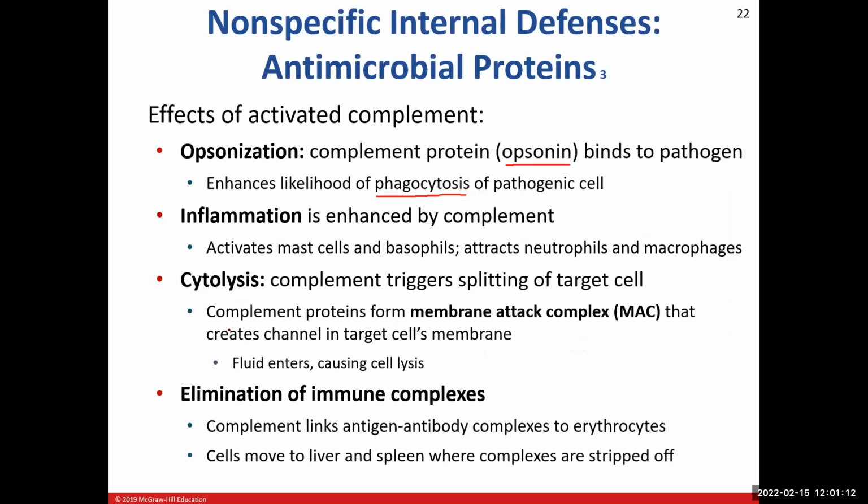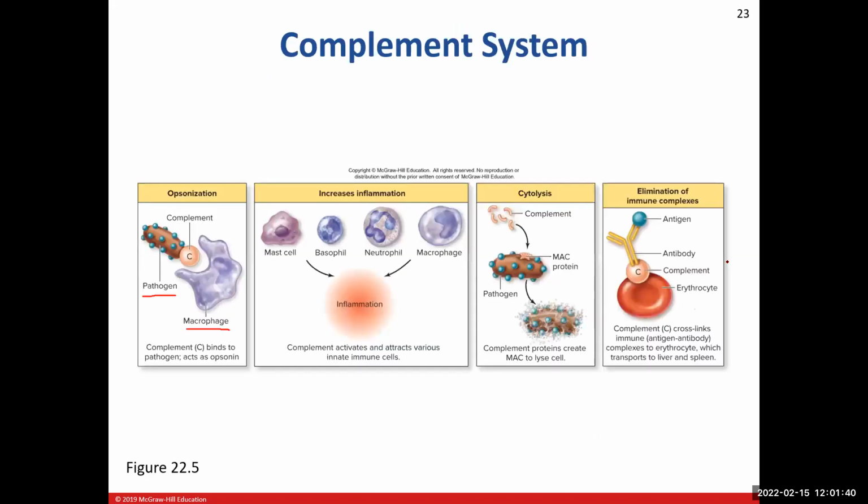All right, the next one is inflammation. A lot of stuff happens in inflammation, and we'll talk about that here in a moment. But in this case, what we're going to see is an enhanced inflammation, because we've now activated our mast cells and basophils, and we know what they do. At the same time, it's going to cause some chemotaxis, which is going to recruit neutrophils and macrophages on hand.